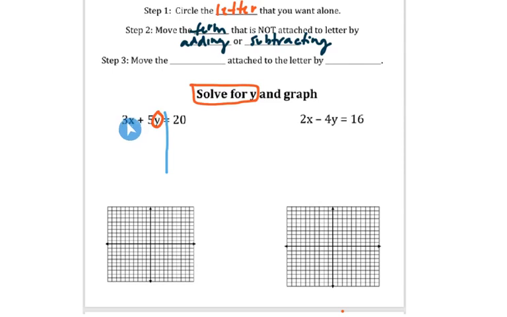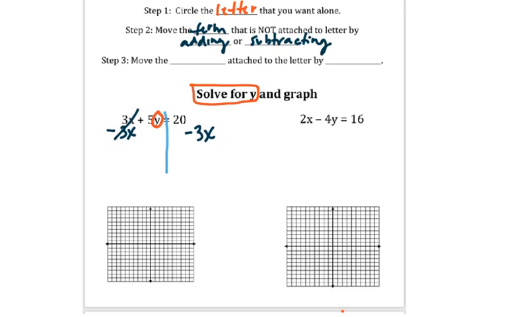So if this is a 3x, to get rid of it, we are going to subtract 3x. Over here, subtract 3x. This will become 0. 3x minus 3x, there are no x's there.